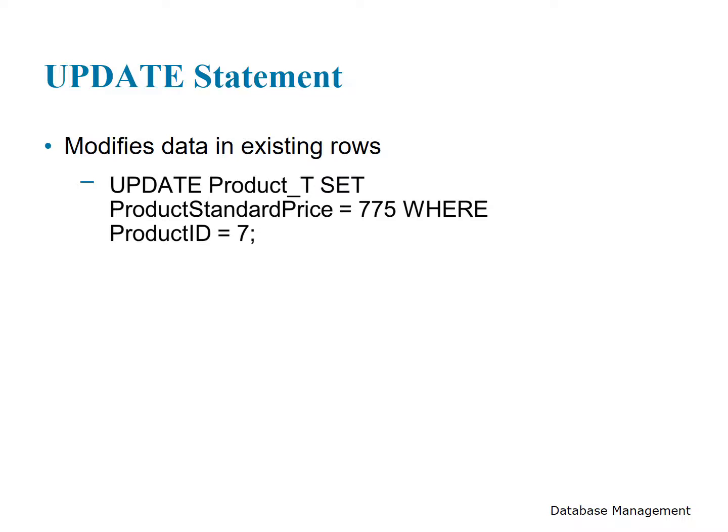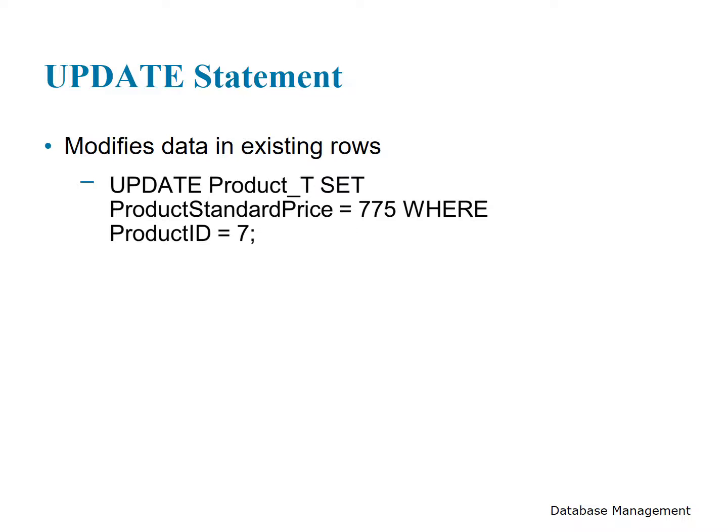UPDATE statement modifies data in existing rows. UPDATE product_T SET product_standard_price = 775 WHERE product_ID = 7. For this update, we know that it will affect only one record in the table. How do we know this?